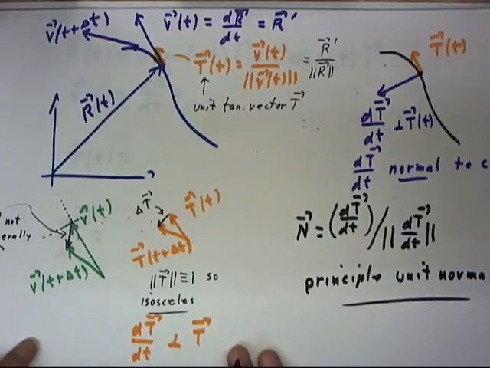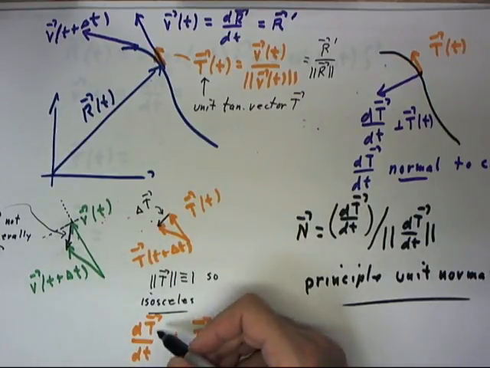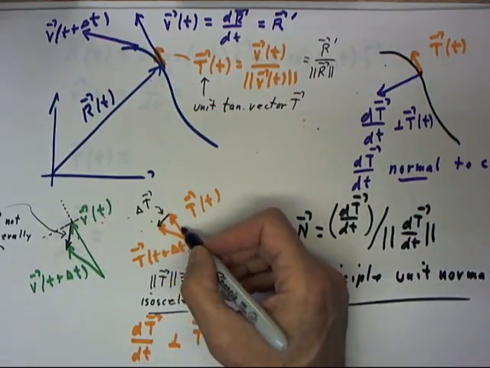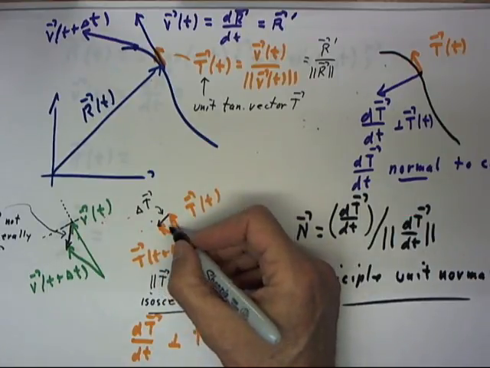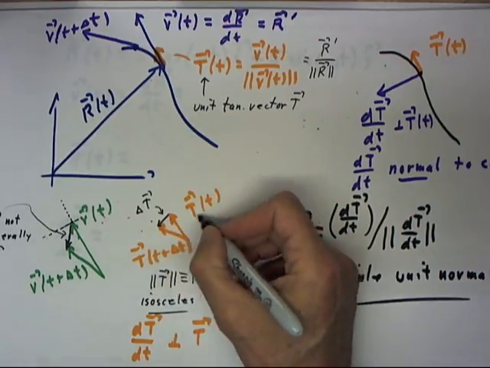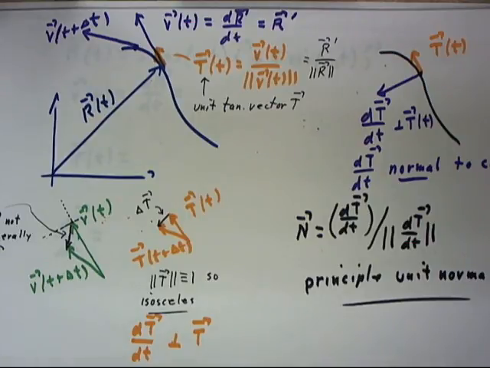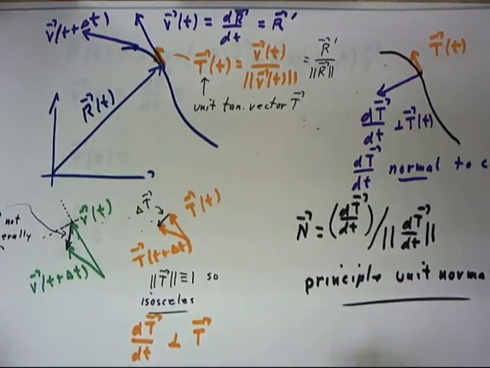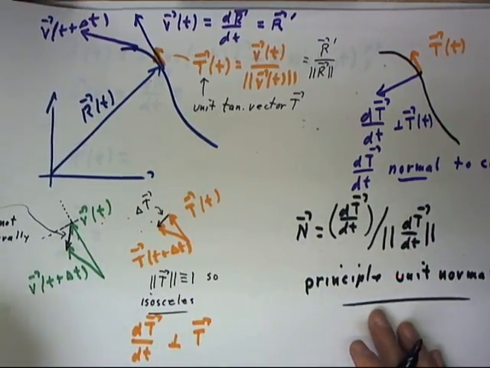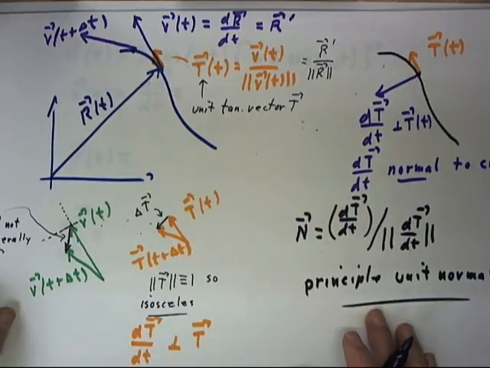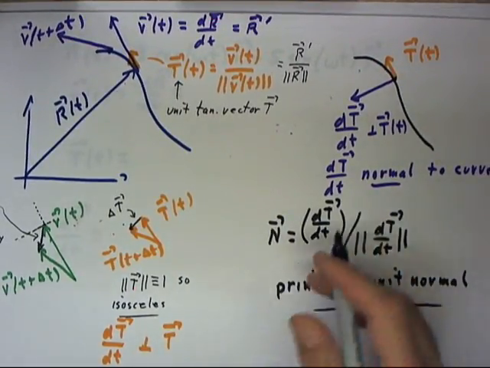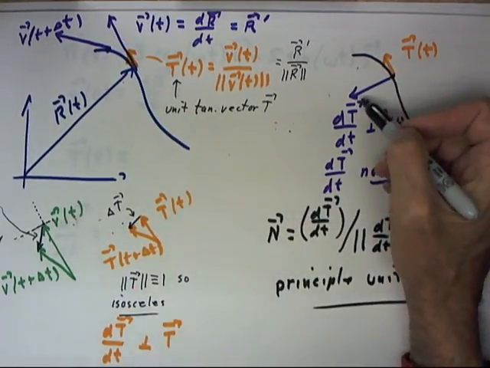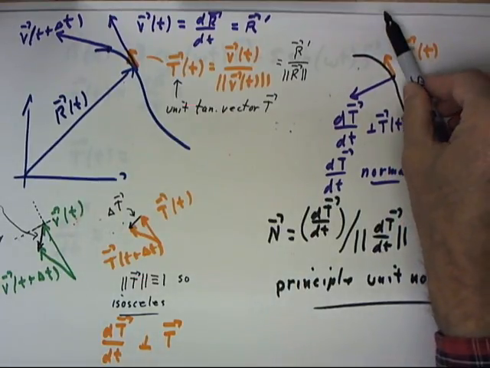And as we've seen recently, that implies that in the limit as delta t approaches 0, delta T will become perpendicular to our unit tangent vector, and that the derivative of our unit tangent vector with respect to t must be perpendicular to T. So this gives us a strategy for finding a unit vector perpendicular to the unit tangent vector.